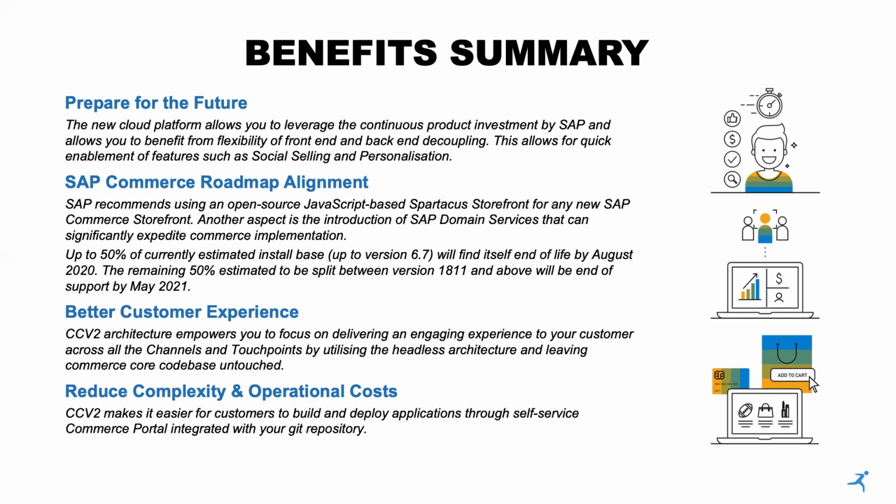The Commerce roadmap alignment is quite important because of the checks that are put in the Commerce Cloud, with validation steps so that you don't deviate from the roadmap of SAP Commerce and do not invest in feature sets and areas that could impact your future upgradability, as well as impact your ability to utilize the new features that are introduced by SAP in the future.